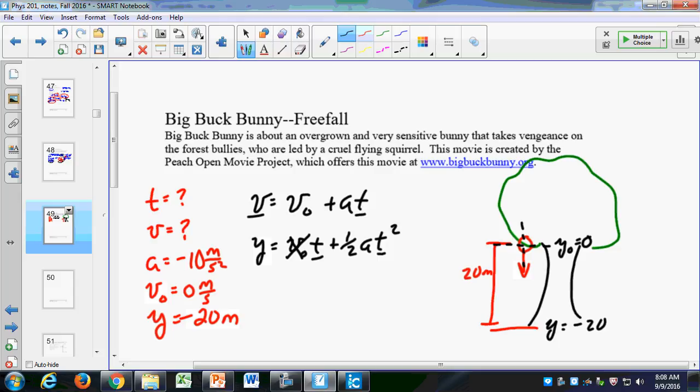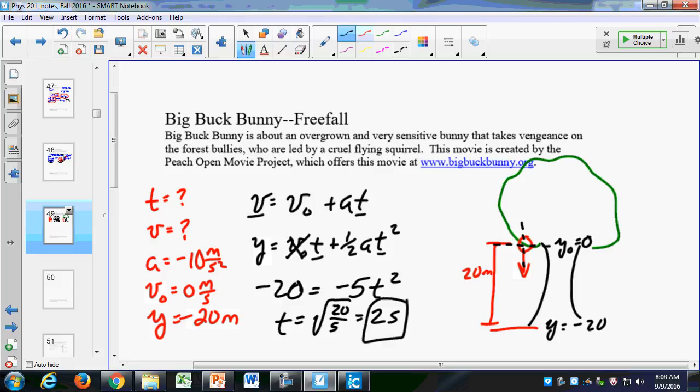So I get -20 equals 1/2 of -10, that's -5, times t squared. So t is the square root of 20 over 5, square root of 4, which is 2 seconds. So that's one part, is 2 seconds.